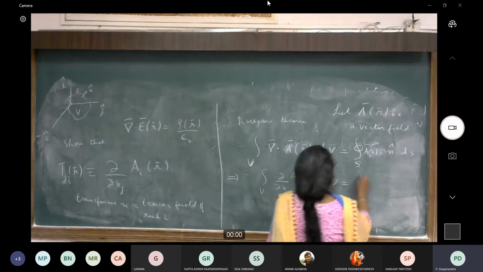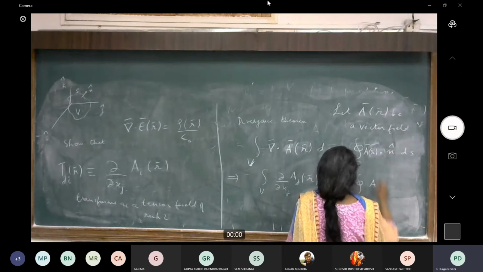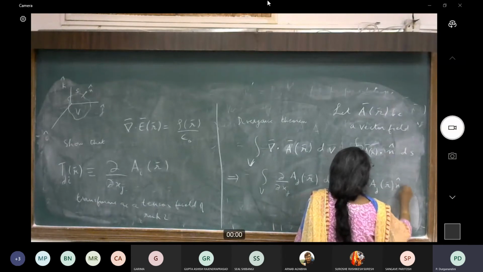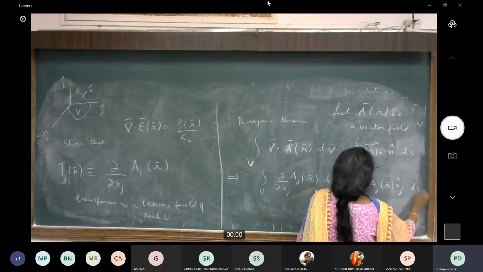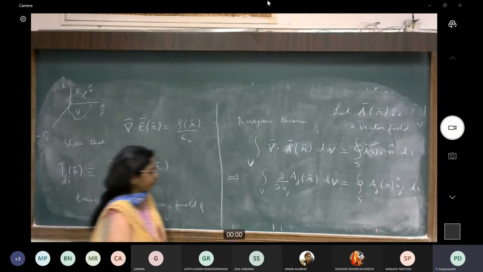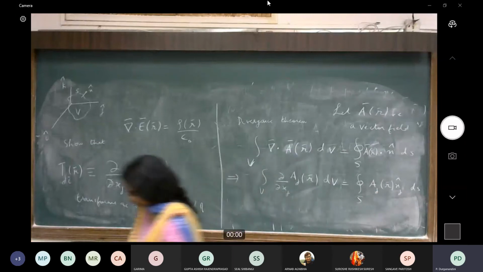And this now is going to be a surface integral over Aj. So here I have A dot n cap, so I can write it as Aj of r nj cap. Basically, I again use the summation convention here.